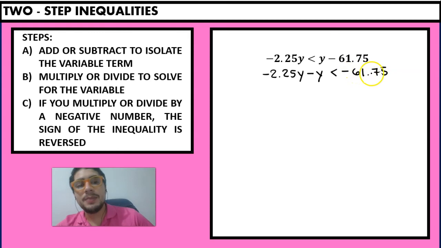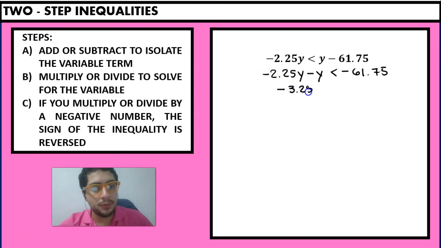Now, because we have -2.25y - y, that is going to give us a value of -3.25y, because you guys have to remember that this is a 1 that we have here. And because they have the same sign, we have to add them. That is going to be lower than -61.75.